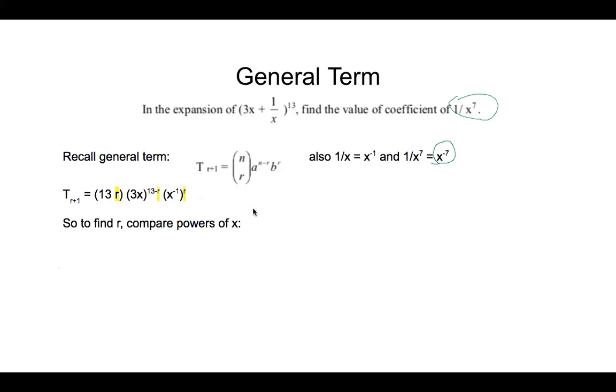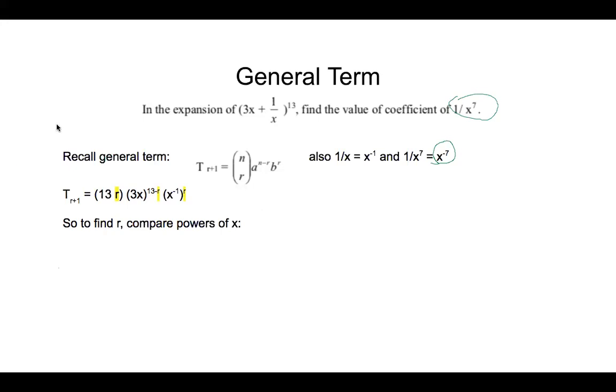And after that, we're going to compare the powers of x, because we don't know what r is, but we do know that the final result of this term should give a power of -7. So here we're going to extract the powers of x. What happened to the powers of x here?